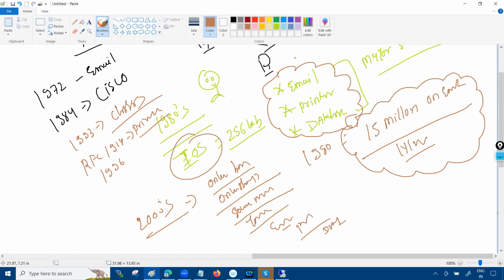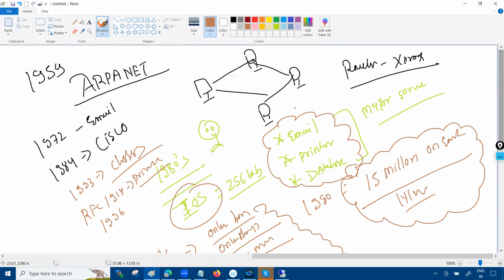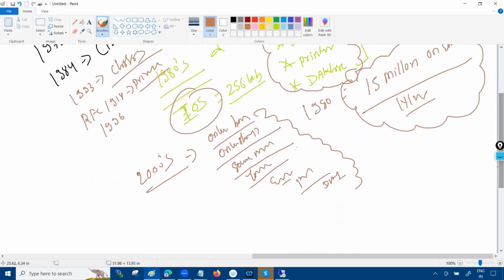Many things came in the 2000s, to maintain all these services, because the user base was huge in the 2000s. Can you see that in 1959 there were only 4 PCs, then in the 90s 15 million users, and in 2000 the services came into the picture?